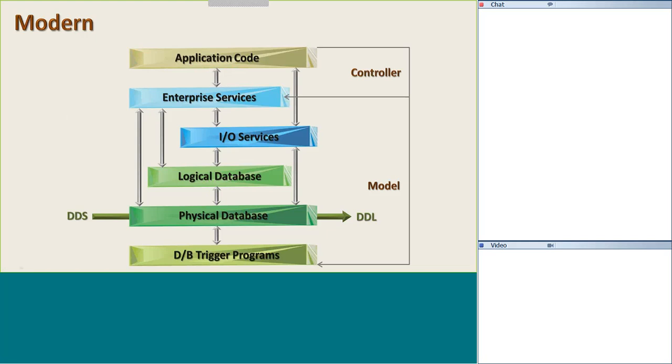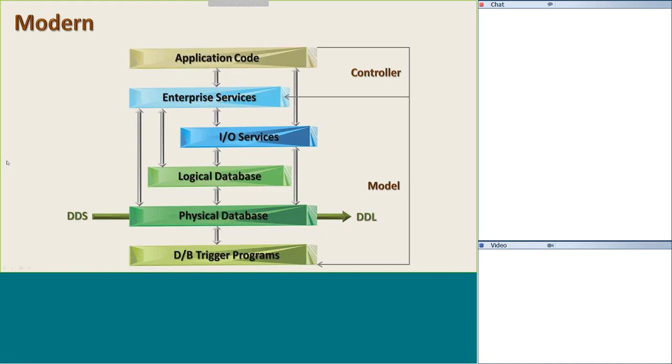So enterprise services are something that is developed by the teams, generally in conjunction with the database people, to be able to provide packaged services for delivering functions to the application code.